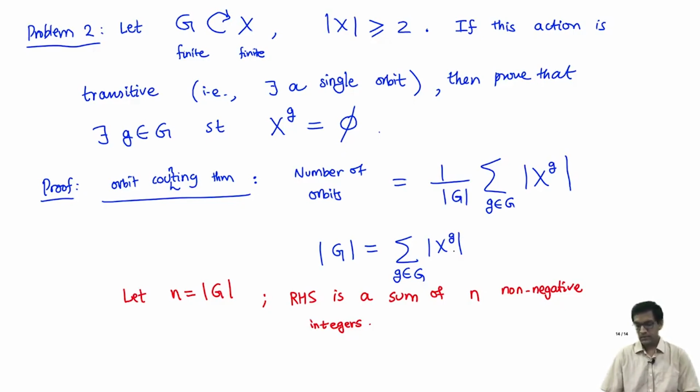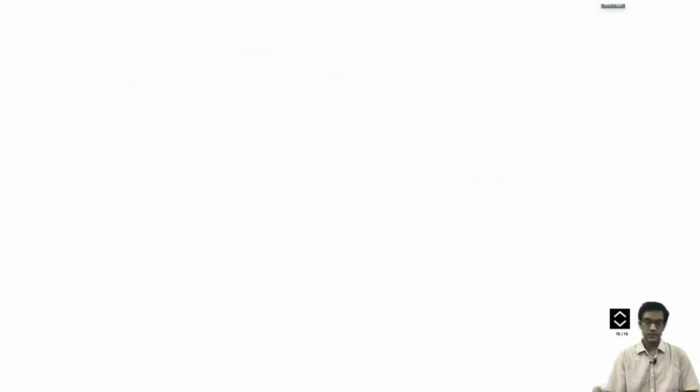Suppose I argue by contradiction: why should there exist at least one group element whose fixed point set is empty? Suppose not. Suppose every element had a non-empty fixed point set.